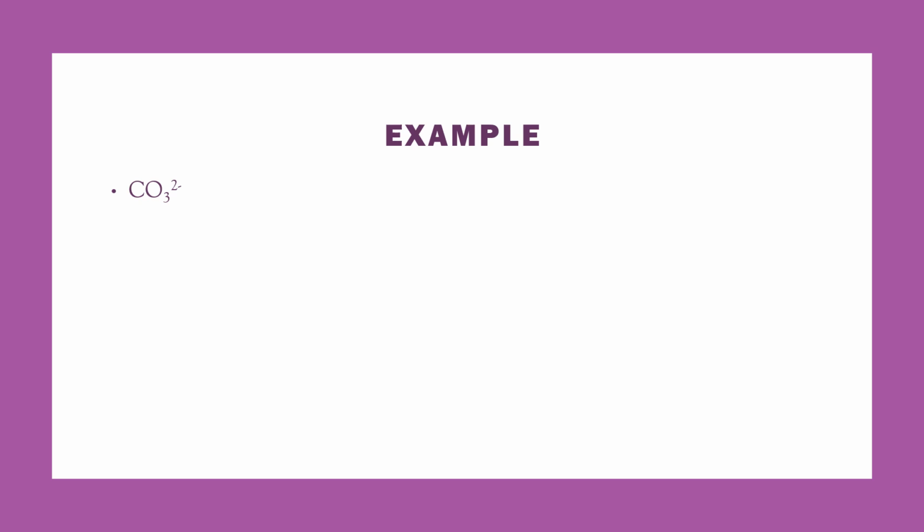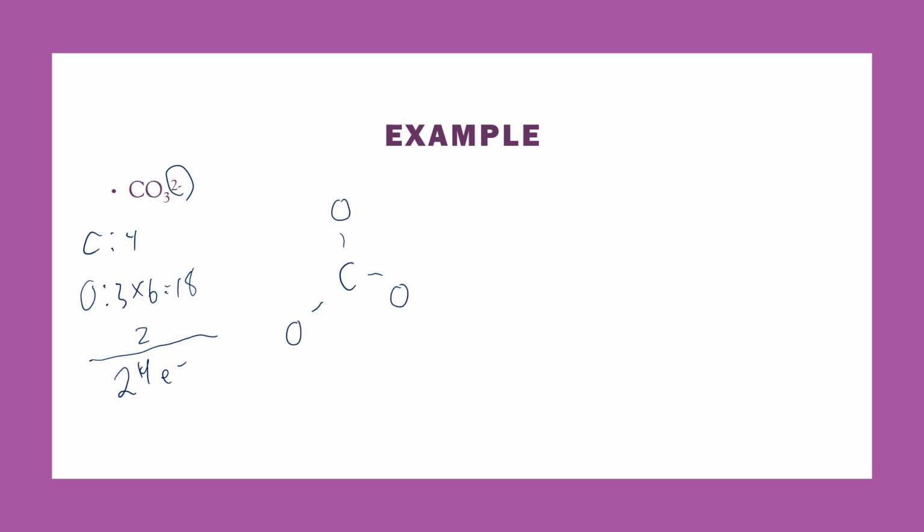Okay, so for this one, let's go ahead and count our valence electrons. Carbon has 4. There are 3 oxygens with 6 each, so that's 18, and the -2 charge means we add an extra 2. So I have 24 valence electrons to work with. Let's go ahead and put carbon in the center, and I have my 3 oxygens around the outside.